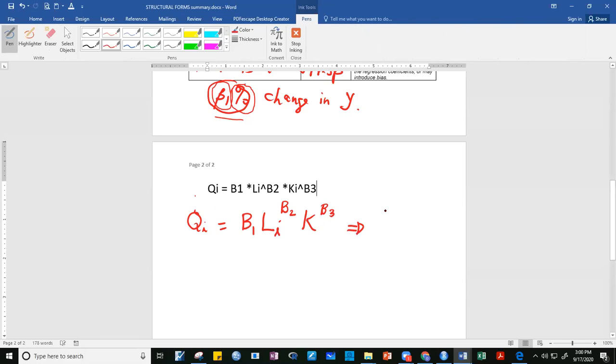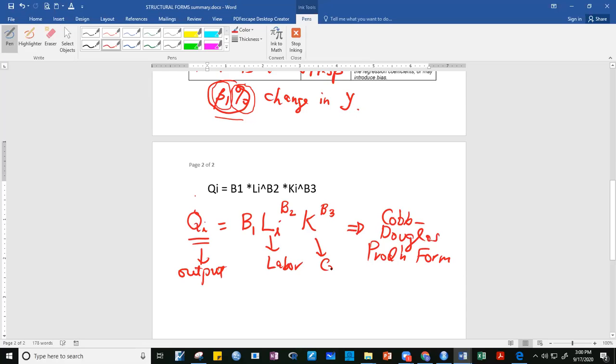This is what we call the Cobb-Douglas production form, where you relate the output with labor and capital. This is your very famous function. So the output is a function of your labor and your capital. Multiplicative nga lang yung relationship nila, hindi additive.